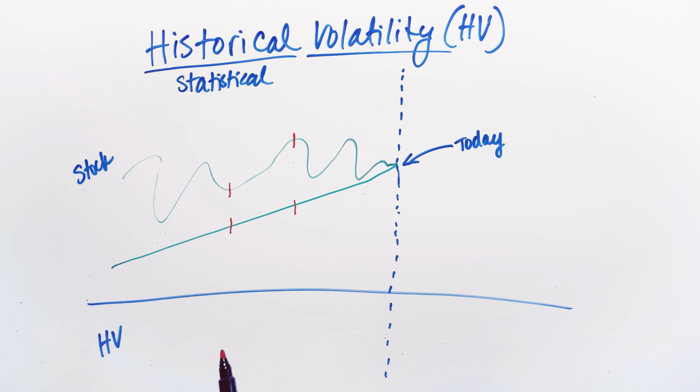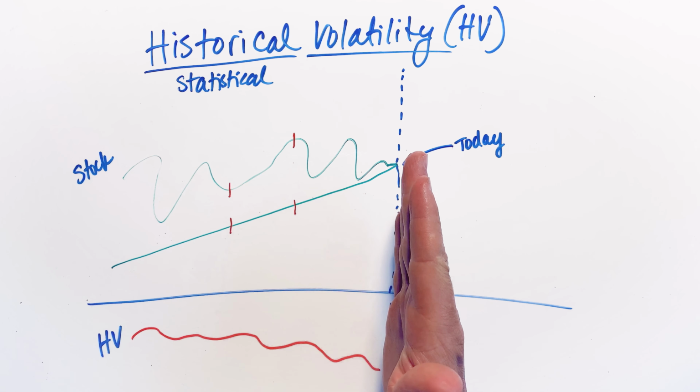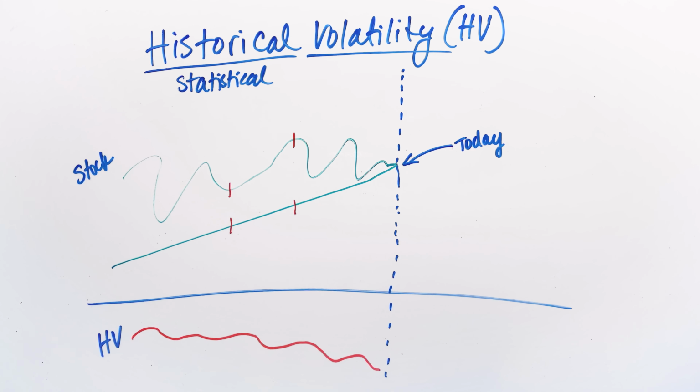Then what they do is they take that and graph that line down here to show statistical volatility going back in time. And what we can do as traders is take today's data point and look backwards to see how much volatility the stock has experienced between today's price and whatever point we're looking back at.